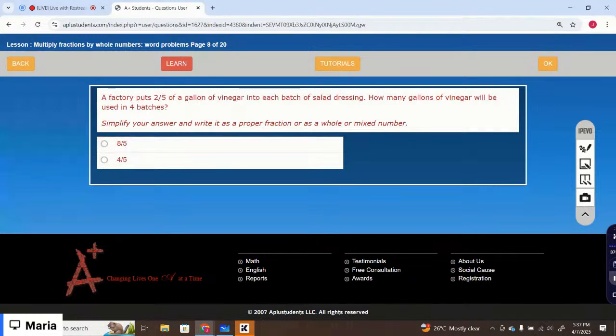A factory puts two-fifths of a gallon of vinegar into each batch of salad dressing.